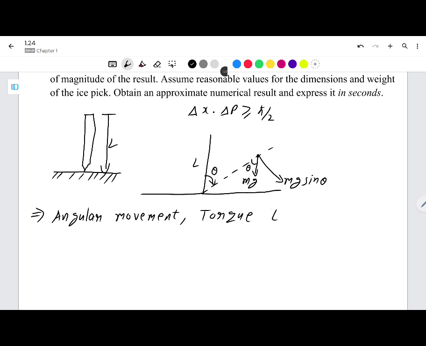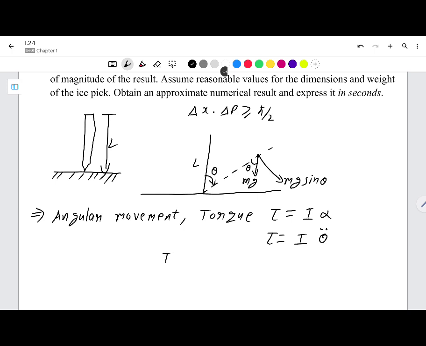So we can write a general formula for torque which relates the moment of inertia and the angular acceleration, or to write a more general form in terms of theta, angular displacement, this will be theta double dot.